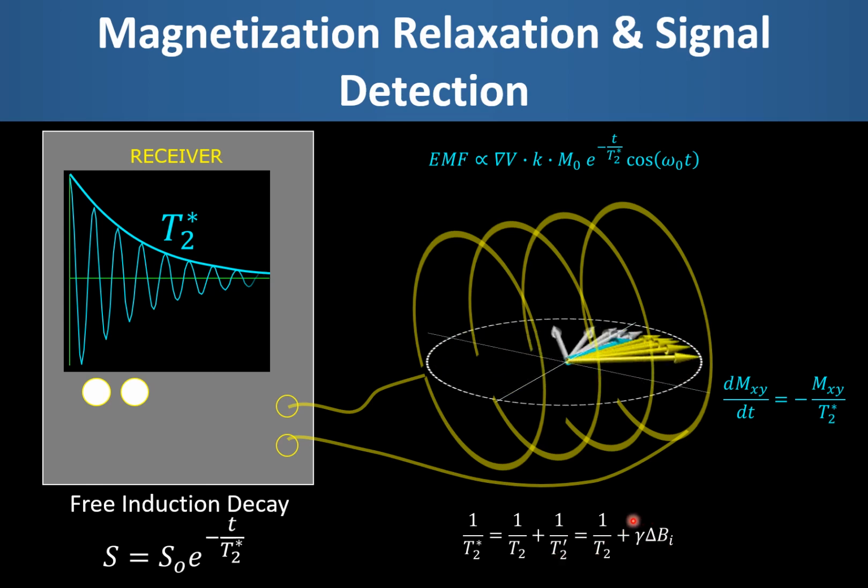And sometimes we can look at this 1 over T2 prime effect as being equal to gamma times this small variation in the uniformity of the static magnetic field. So by combining 1 over T2 plus 1 over T2 prime, we get the 1 over T2 star decay that we have for a free induction decay envelope.